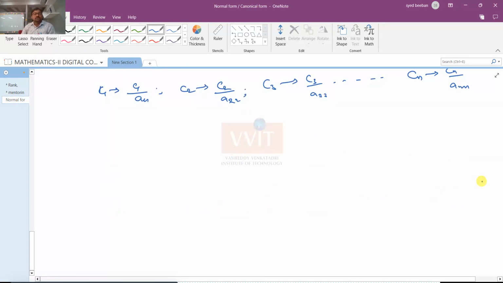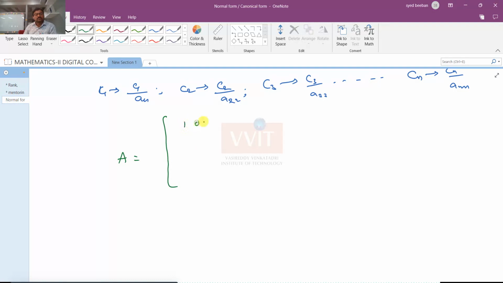So the final form would be like this. Therefore, A equals 1 0 0 0 and so on, 0 1 0 0 and so on, 0 0 1 0 and so on, 0 0 0 0 and so on 1.